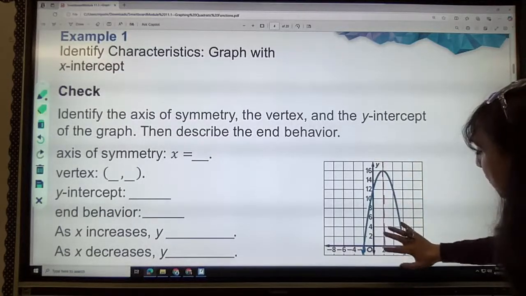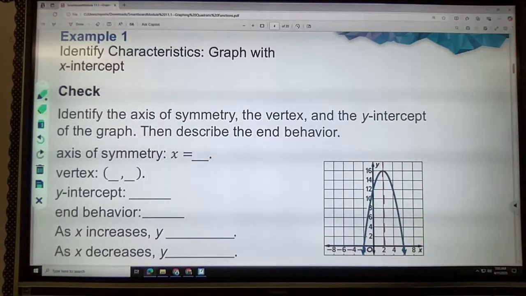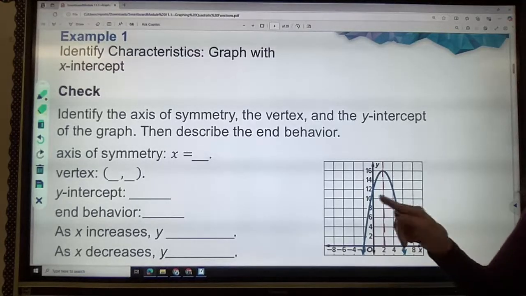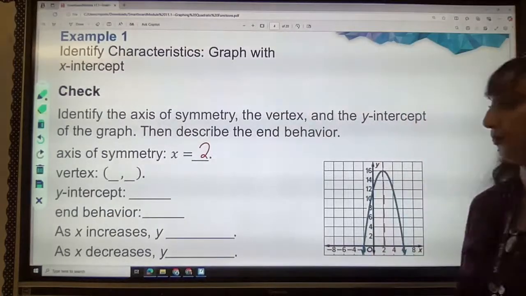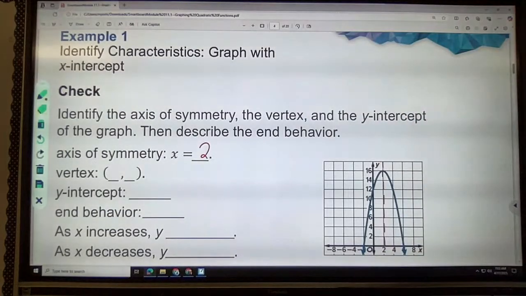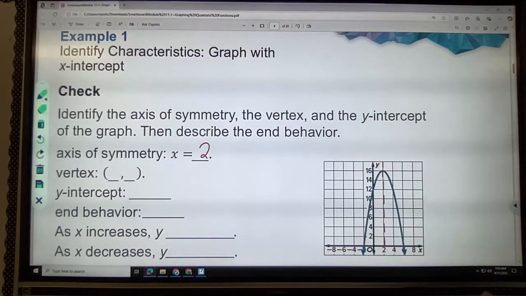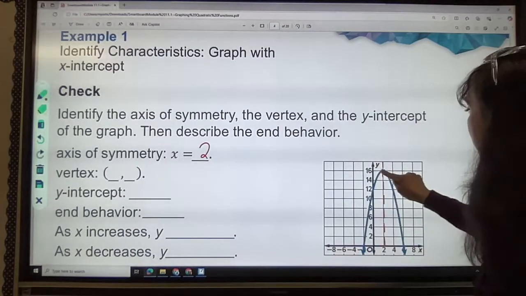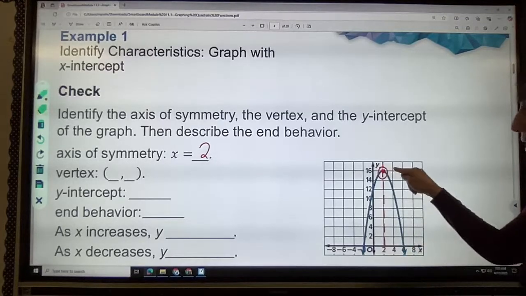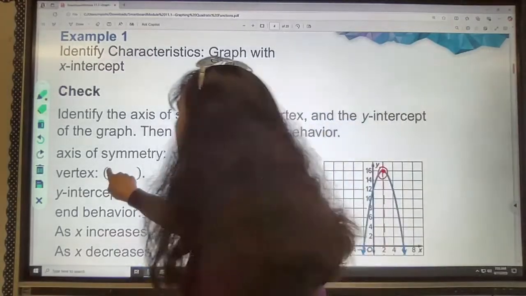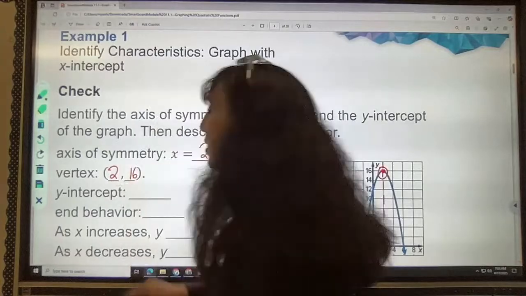What is x over here? It is 2. So my axis of symmetry is x equals 2. Now let's look at where the vertex is. The vertex is here, and the ordered pair is (2, 16).